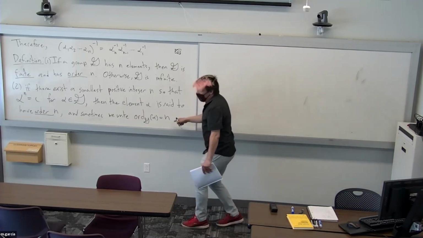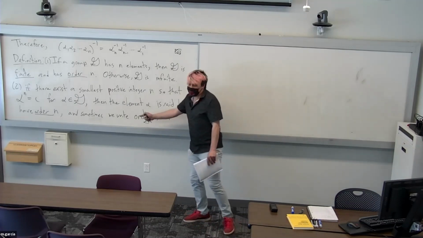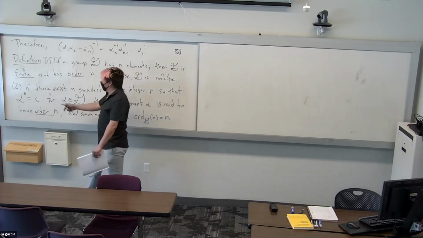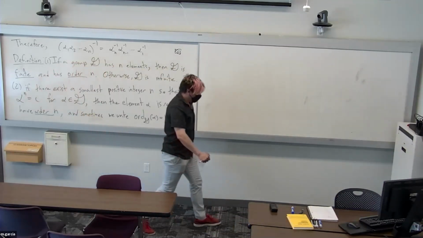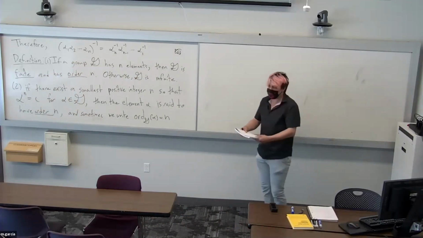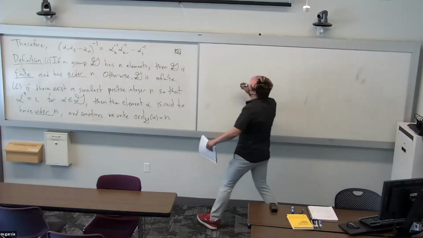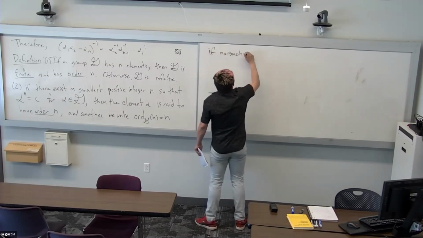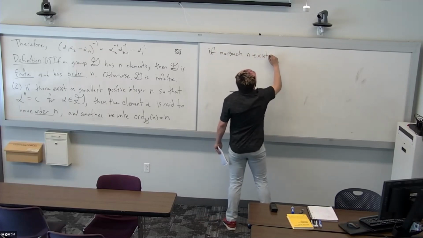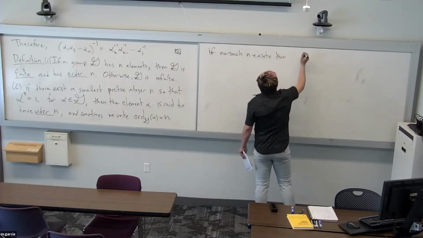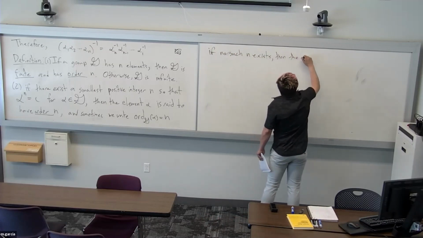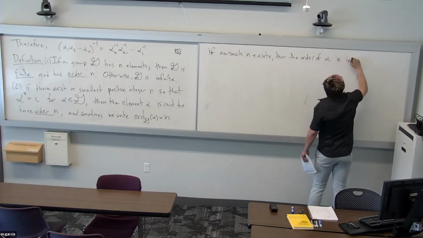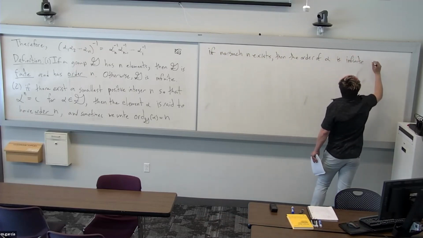Of course, here I haven't finished yet. What if there is no such n? What if there is no such smallest positive integer n, such that alpha to the n is equal to iota? If no such n exists, then the order of alpha is infinite.